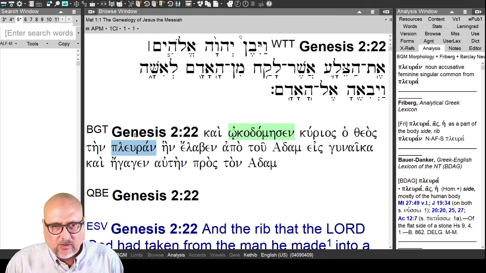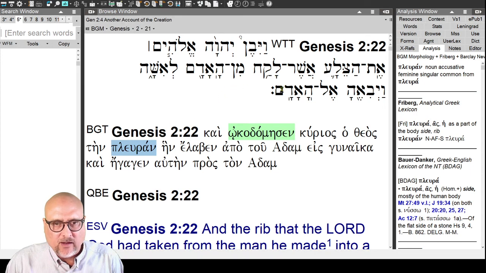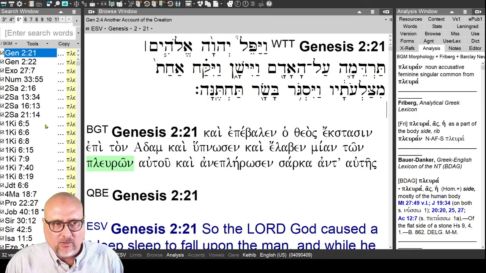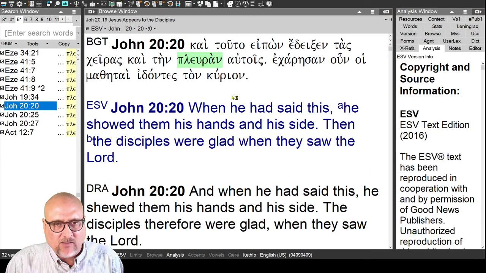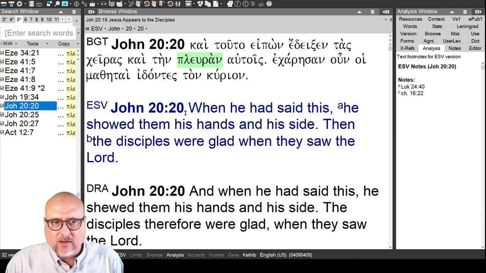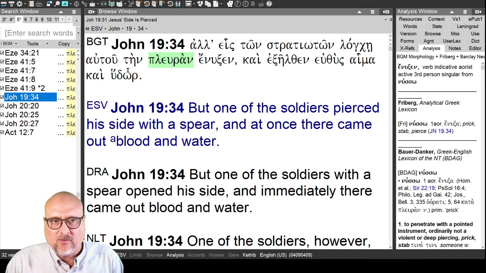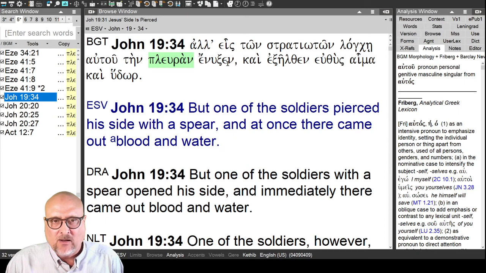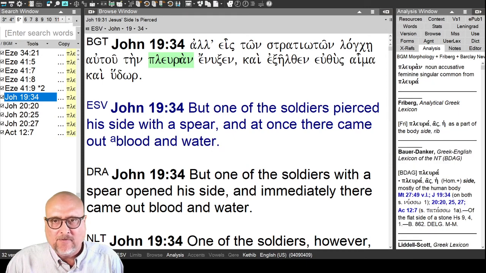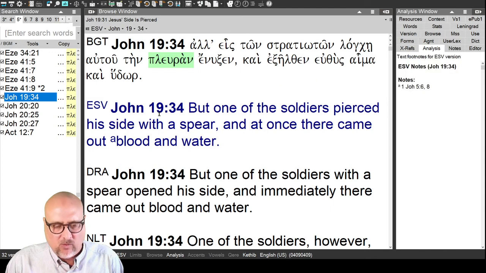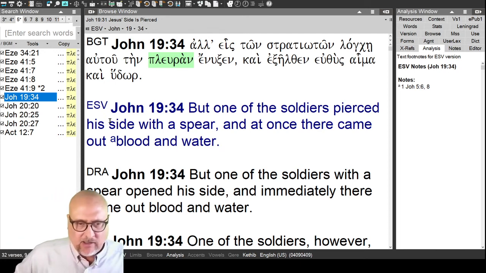So I'm just looking up this word pleura, and I see it's used all these places, and I come to John, and John says one of the soldiers with his long spear stabbed him in his pleura, and there came out blood and water. So Adam was stabbed in his pleura and then healed, and out of that, God house builds this woman.